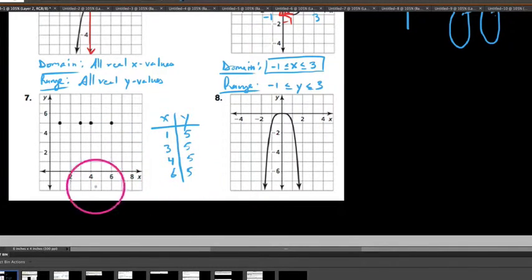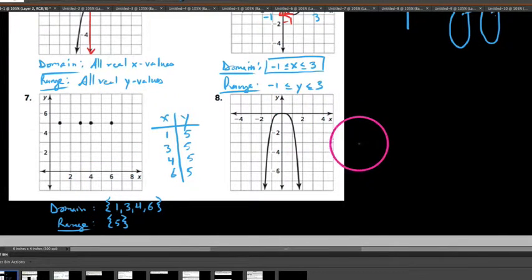When we talk about the domain of something like this, it's not continuous, so we just represent the domain as a set of numbers. We say that the domain, all of the inputs for which our function existed, were 1, 3, 4, and 6. As far as our range is concerned, the range of values that we spit out really was only 5. And you notice we only have to list that once, because 5 is the only thing this function spits out.